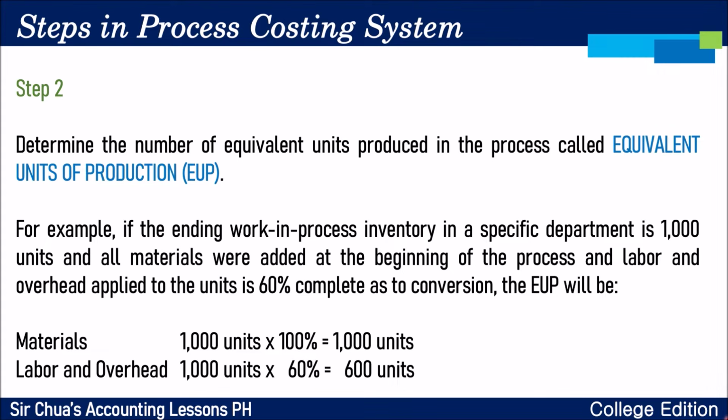Hindi naman po kasi porke sinabing 60% complete, kamay nung teddy bear, wala pa. Okay? So, hindi po siya ganun, no? Ang tinitingnan po natin doon is the percentage itself nung labor and overhead, ilang percent na siyang tapos. A-assign na natin ng equivalent units of production. Okay? So that is step 2 in your process costing system.